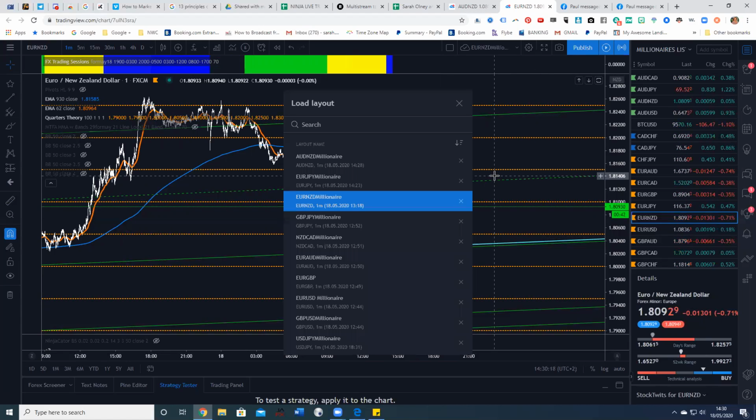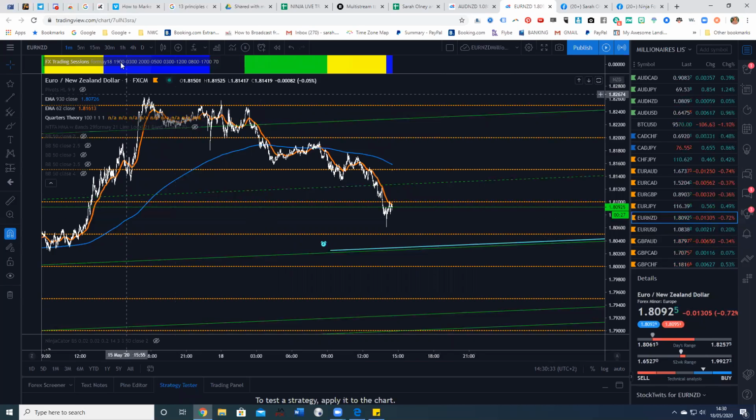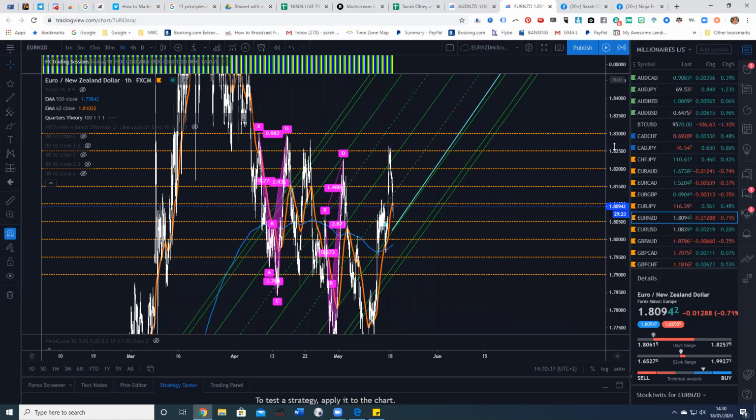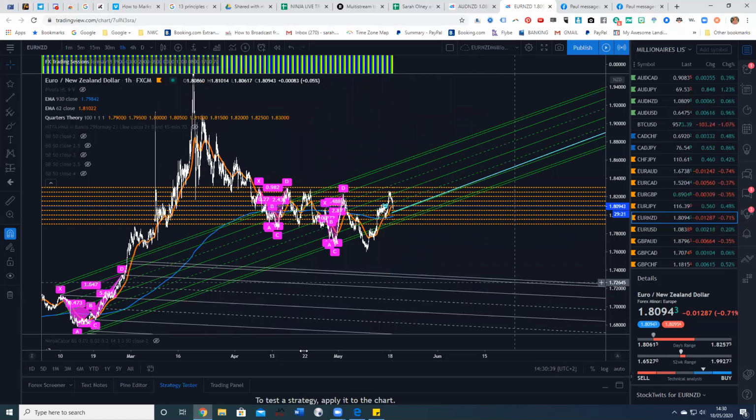The problem I have, Sarah, is that the one you did before, I actually got the same pitchfork, which is brilliant because I'm feeling more confident now because my screen looks like yours. But I haven't got the pitchfork on the Euro NZD. I just haven't got that yet. So it is building up from the scans, isn't it, and keeping them on the chart. Yes.